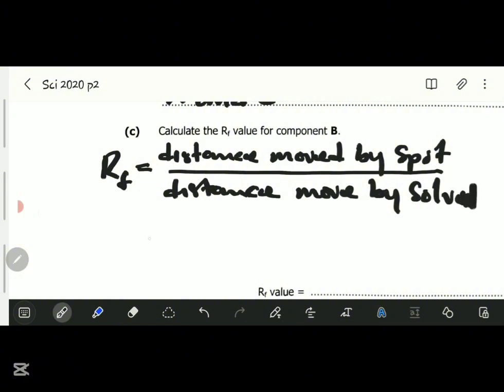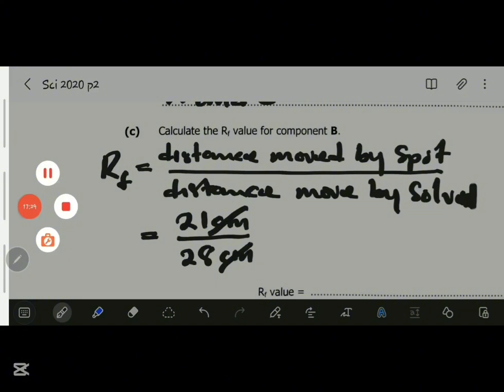So this will be equal to 21 centimeters over 28 centimeters. Because on the numerator we have centimeters and on the denominator we have centimeters, the centimeters will cancel each other.